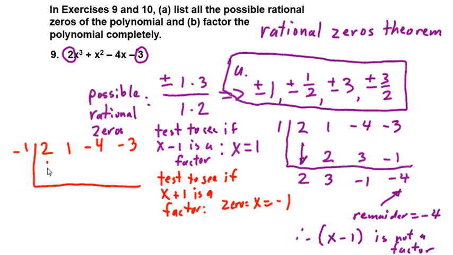We bring down this 2, so we're going to have 2x squared. Negative 1 times 2 is negative 2. 1 plus negative 2 is negative 1. Negative 1 times negative 1 is positive 1. Negative 4 plus 1 is negative 3. And negative 1 times negative 3 is 3. And as a remainder, we have 0.